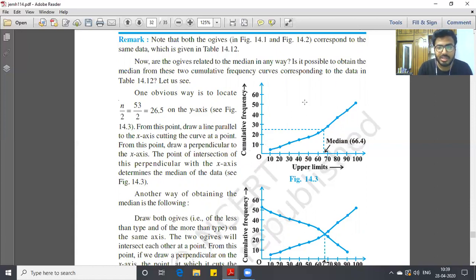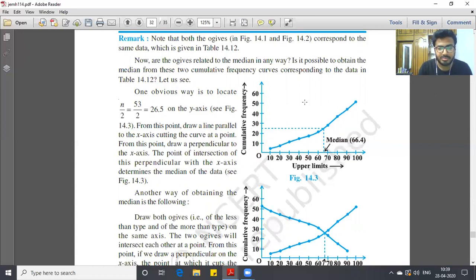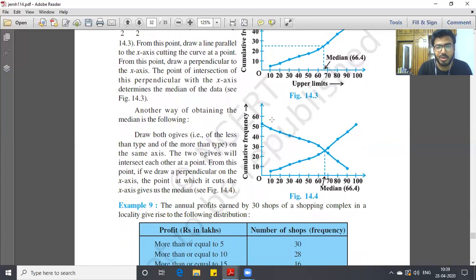Okay, now see in the bottom you can see the graph. Let me know, what is this first curve known as? Exactly, it is the more than. The second curve, going from bottom to top, what will we call it? It will be less than. Now where they both intersect, from that point if we take a perpendicular directly down, what will you get? You will get the median. And from the same point, if you take a perpendicular to the y axis, what will you get? n/2.